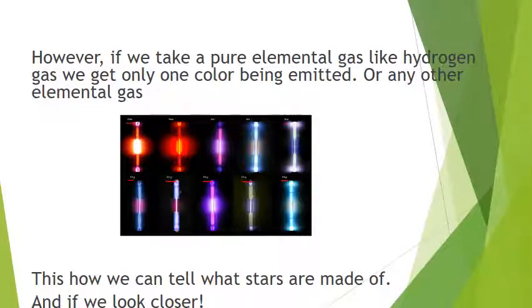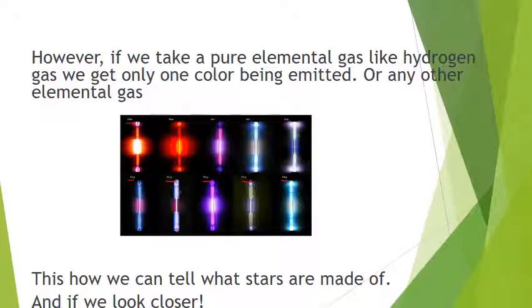So every element has its own specific color of light, and actually we use this. When astronomers look up in the sky and tell you what certain stars are made of, it's because they look at the color that's being emitted.